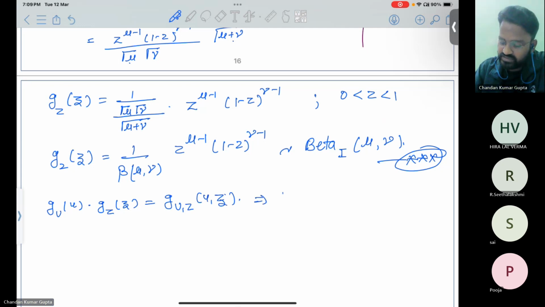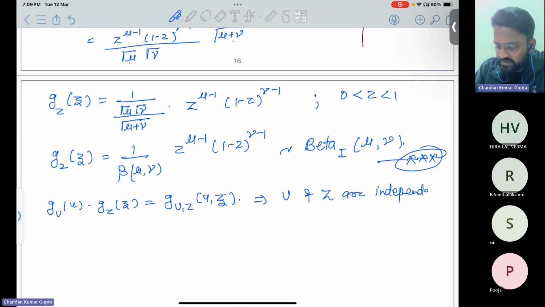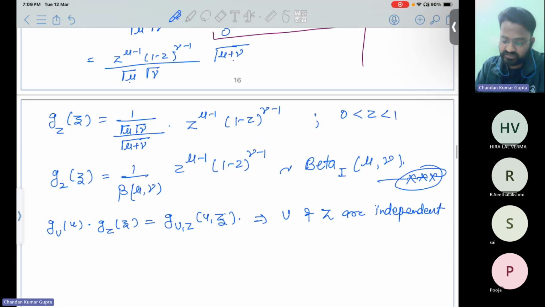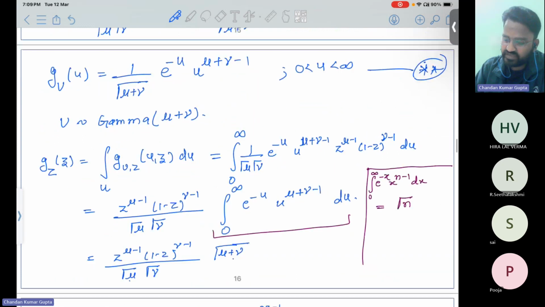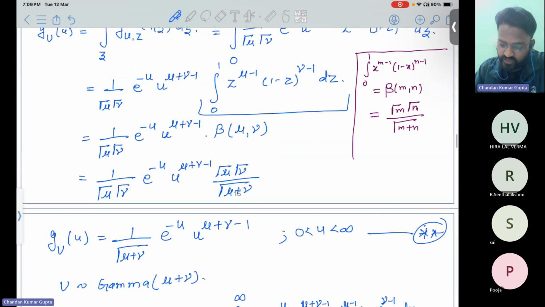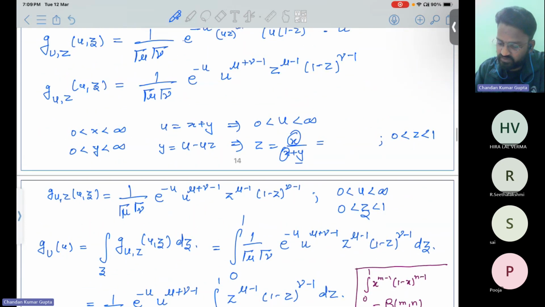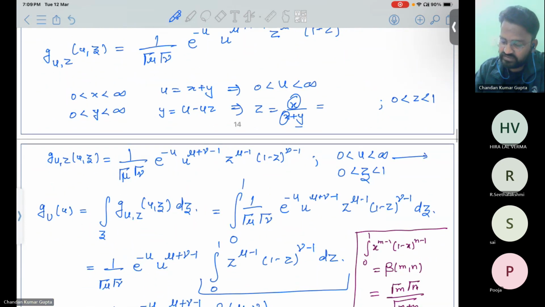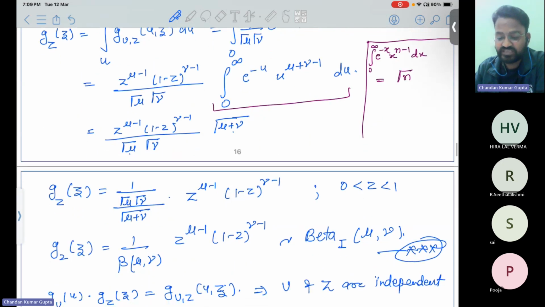That means u and z are independent. Okay, this you may check actually, because just multiply equation double star and equation triple star, and you will find this. So that means it is independent.